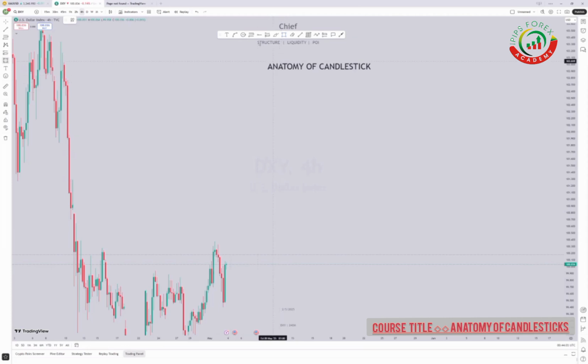The green candle, at default, denotes a bullish candle. What do we mean by bullish? It's bulls. I've explained these terms in our previous video, so if you still find them confusing, you can go back there. A bullish candle is a candle that is being formed by the bulls. Who are the bulls? The buyers.